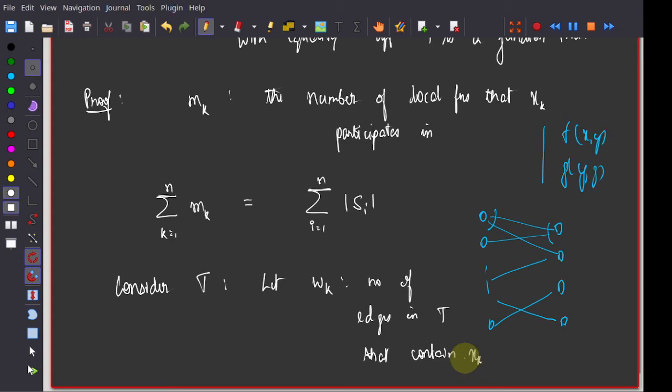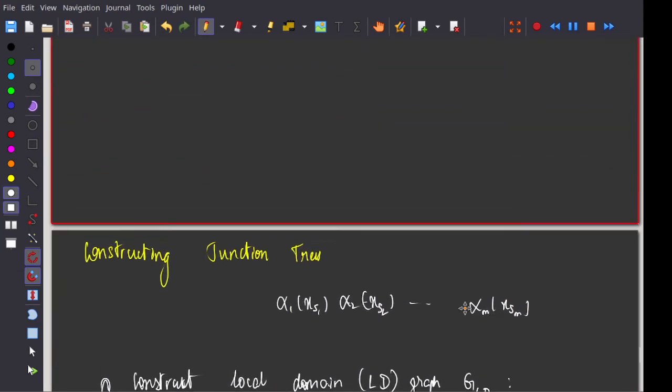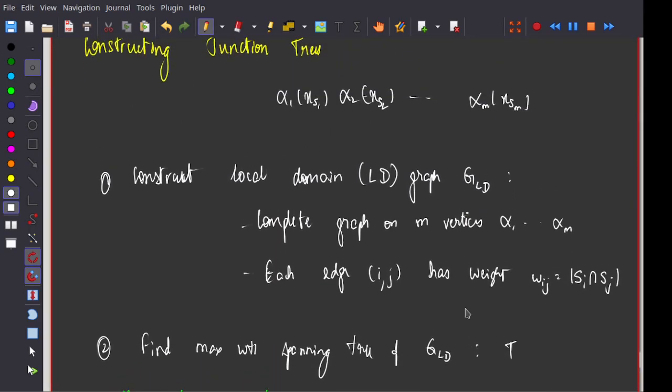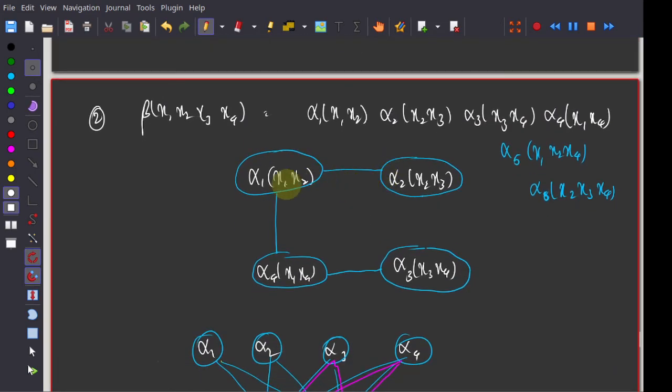So corresponding to each edge here, you look at the local domain graph. Let us take this particular example. So this would be the local domain graph. Each edge essentially corresponds to a bunch of variables, and those are the variables which are common to both functions.